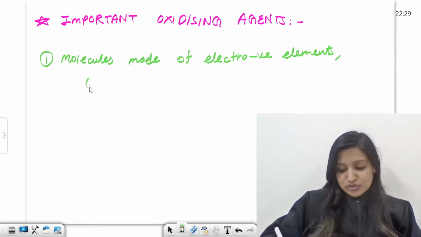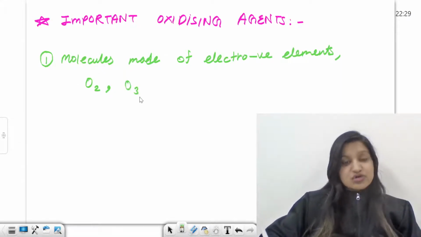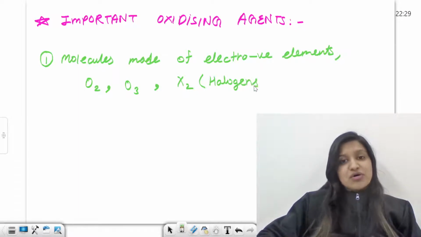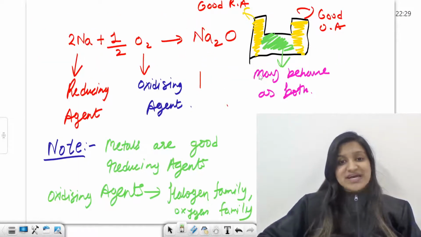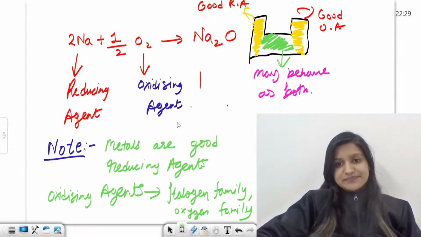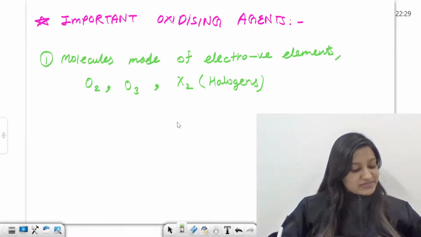Example: O2, oxygen gas; O3, ozone; X2, that is, halogens. So these are good oxidizing agents. See, that's what we have written here as well. Now, molecules made of electronegative elements.